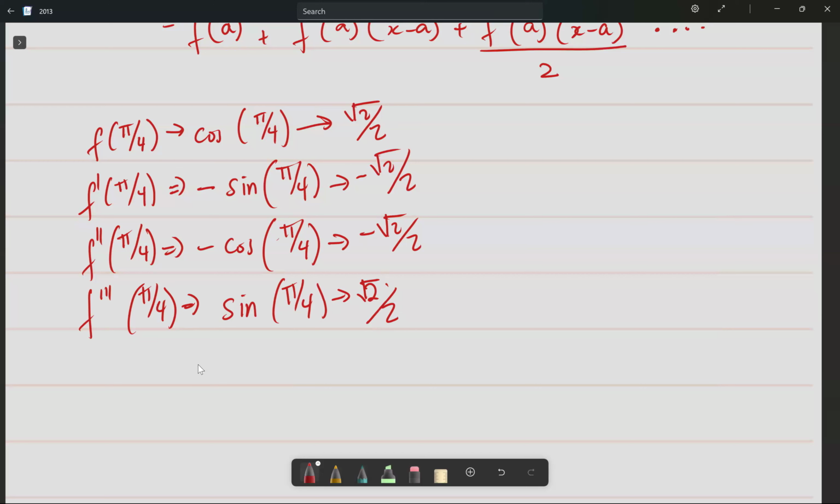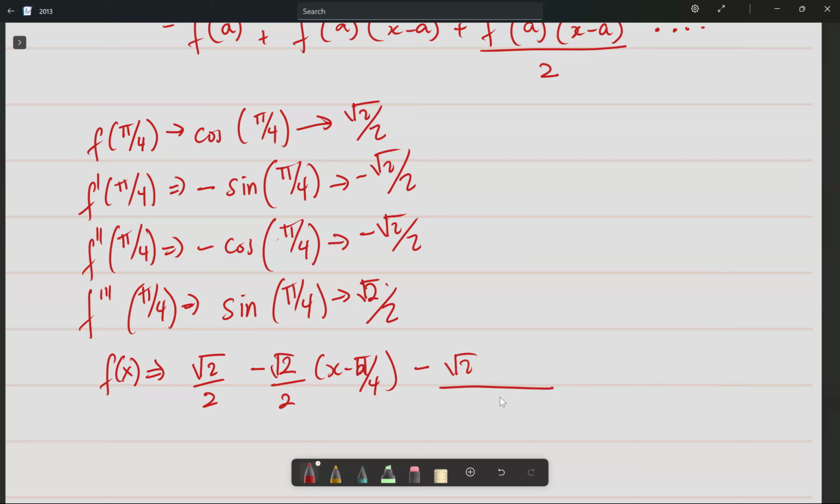So that becomes f of x is going to become root 2 over 2 plus, minus root 2 over 2 times x minus pi over 4, plus, again it's still minus, root 2 all upon 4, because we realize there's a 2 down here already.